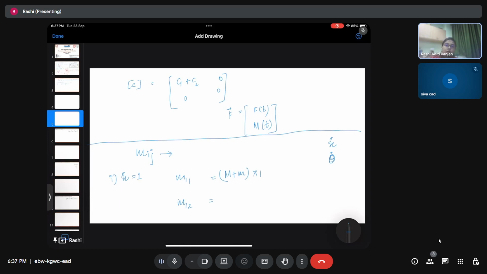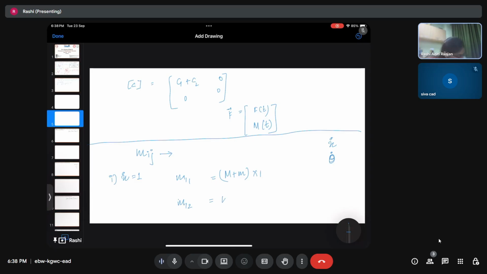So for angular momentum, what do we have to do? M into radius, or we can say the distance of the pivot point to the center of mass, into V, which is the velocity that is given to the center of mass.